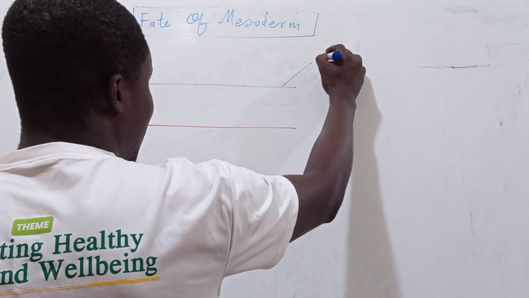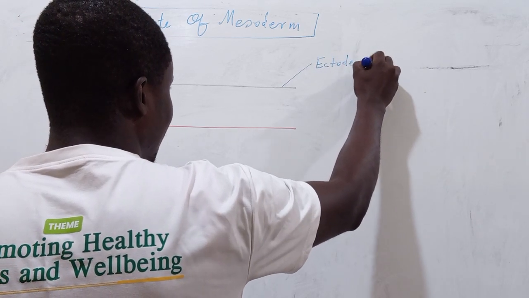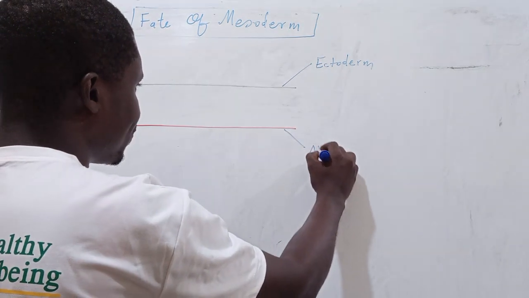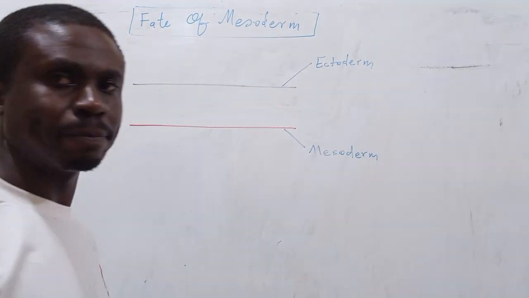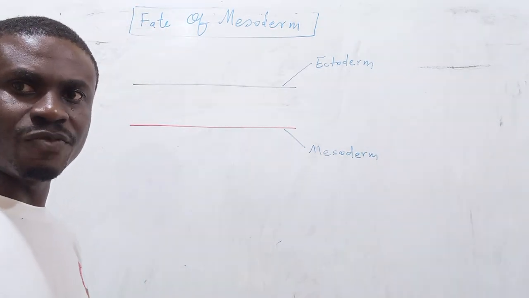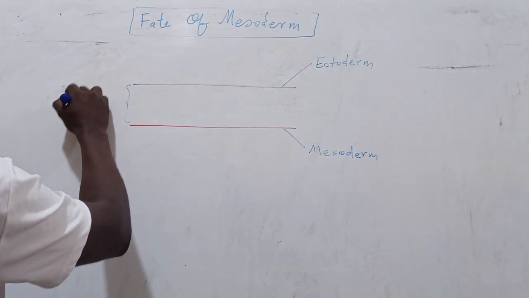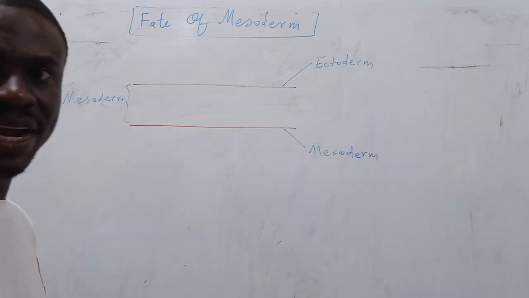So I'm having the ectoderm over here. This is the ectoderm. And of course, we also have the mesoderm over here. And yes, everyone is aware that the intermediate region over here will be the mesoderm. The mesoderm is right here.